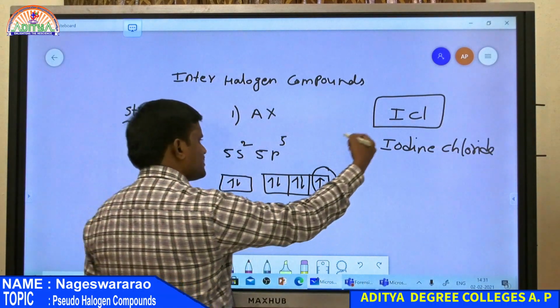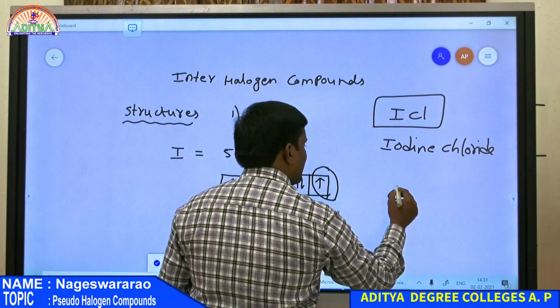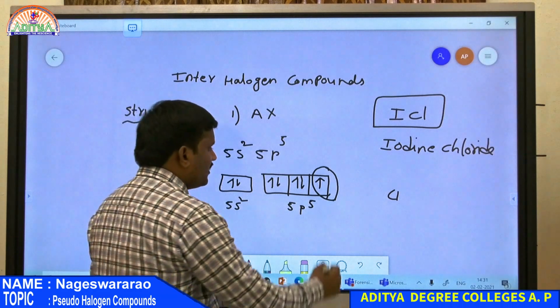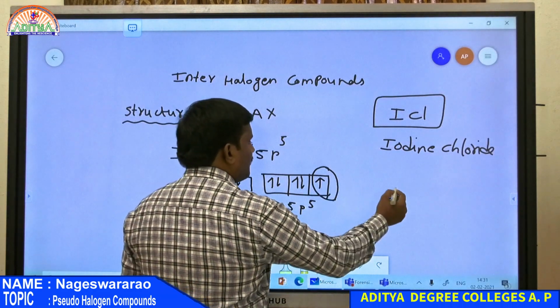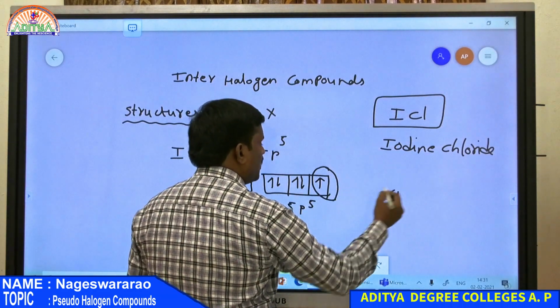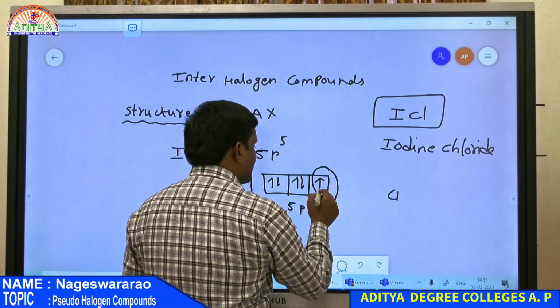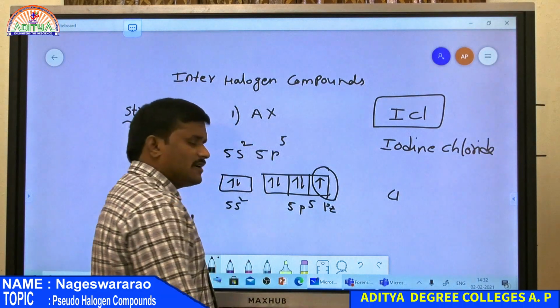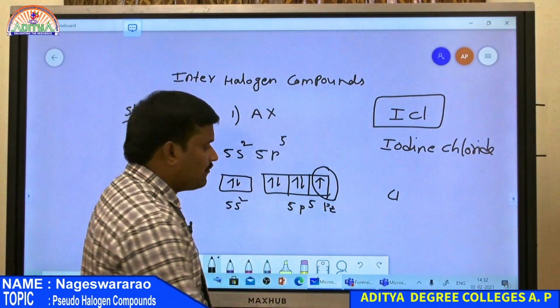Chlorine is also a halogen, having one unpaired outer electron. Whenever this electron combines with chlorine, a sigma bond exists between the valency electron present in the pz orbital of iodine and the valency electron present in the pz orbital of the chlorine atom.